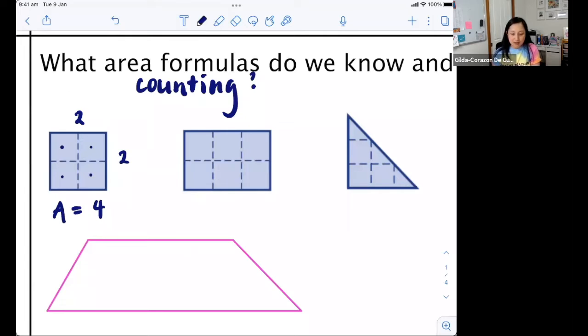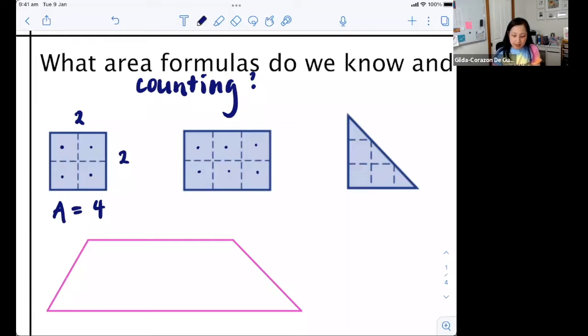And if you do that for a rectangle, you could probably say this one has 6, because that's 1, 2, 3, 4, 5, 6. So where's that multiplication coming from when we talk about area?